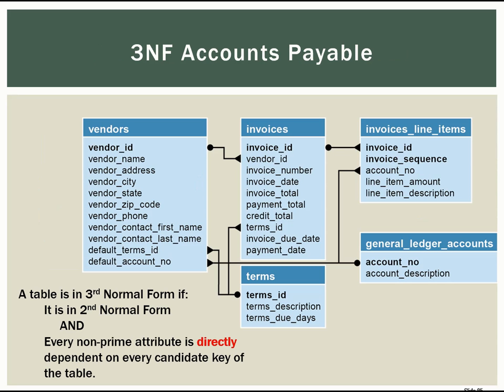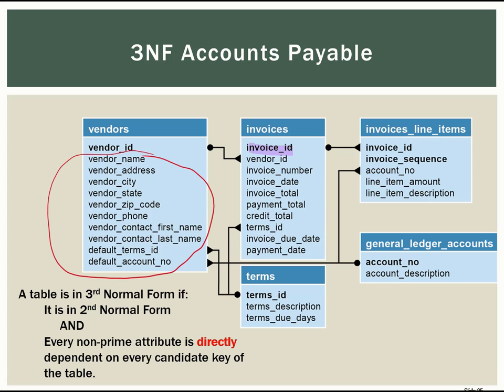So the real third normal form representation looks like this. Notice that the key thing we did was take all of this vendor information, which was previously in the invoices table. Those were non-prime attributes that were not directly dependent on the invoice ID.